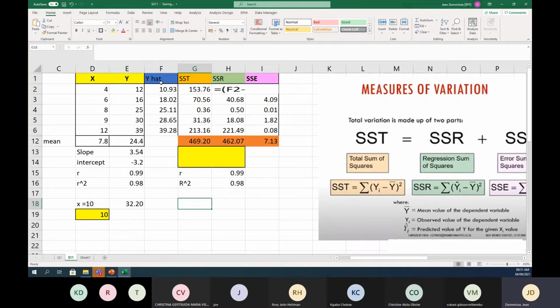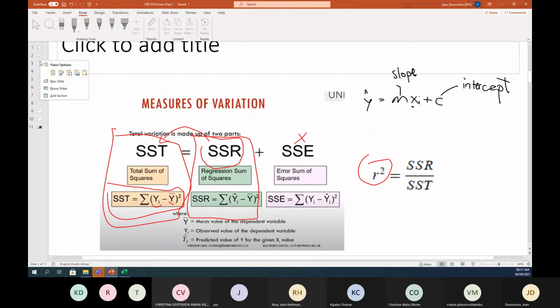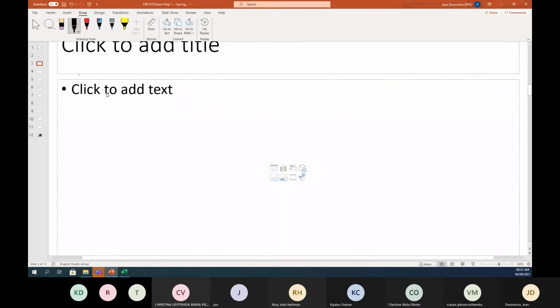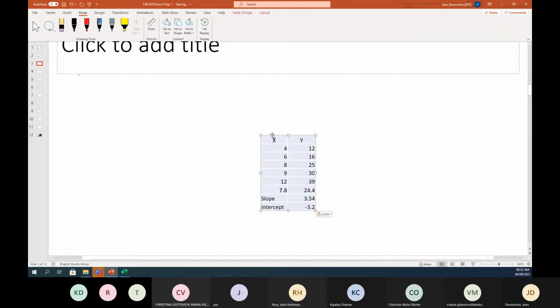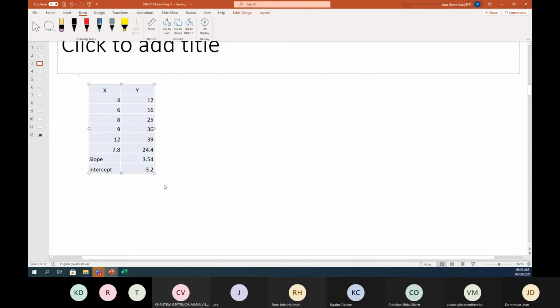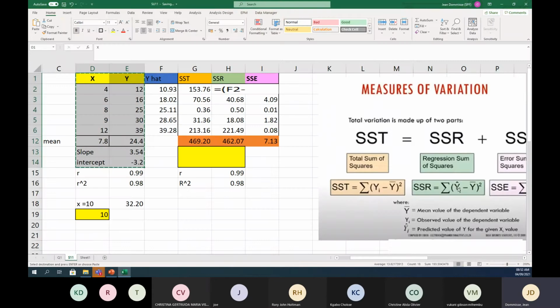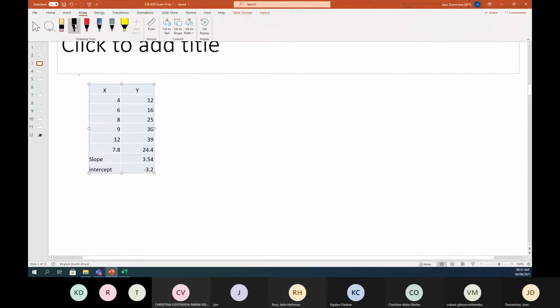Okay, so let me do that. It is the y hat minus the mean.